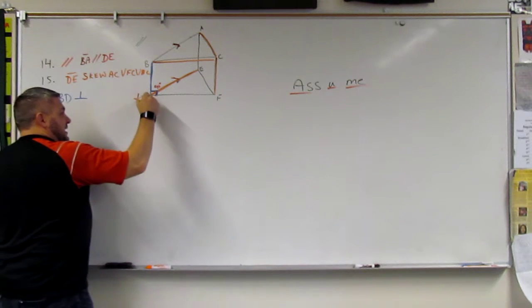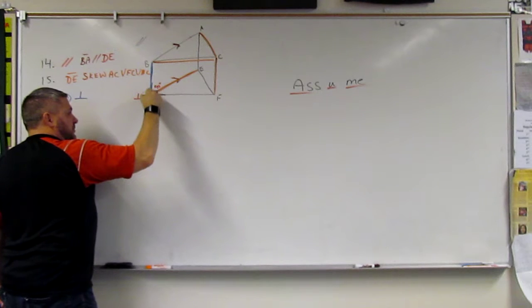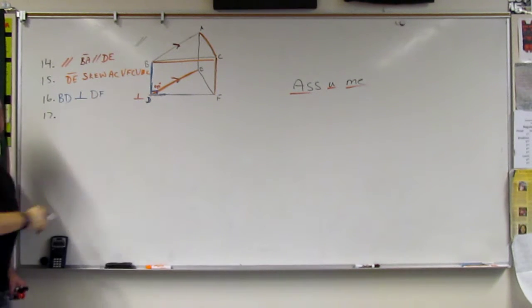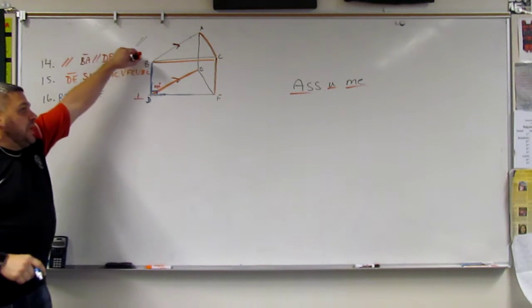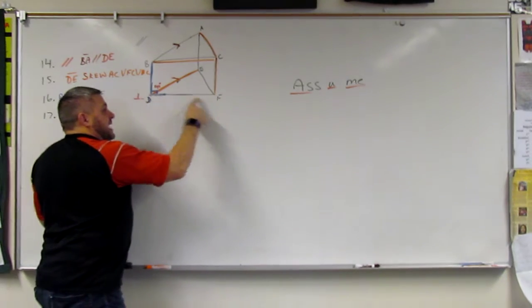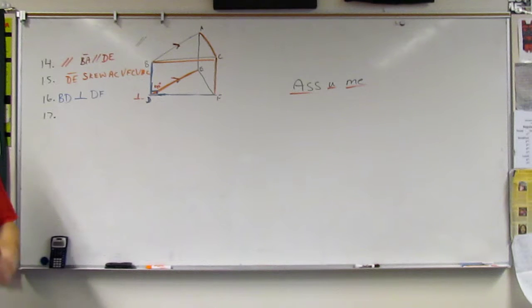It's going to start with D. It's going to have to go this way. D and F. There you go. You see it now? Okay? That's important. You see it? No? Okay. B and D with D and F. Right?